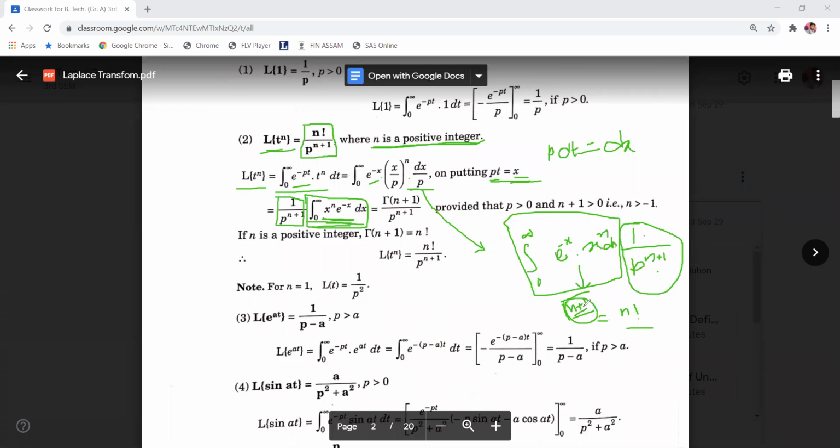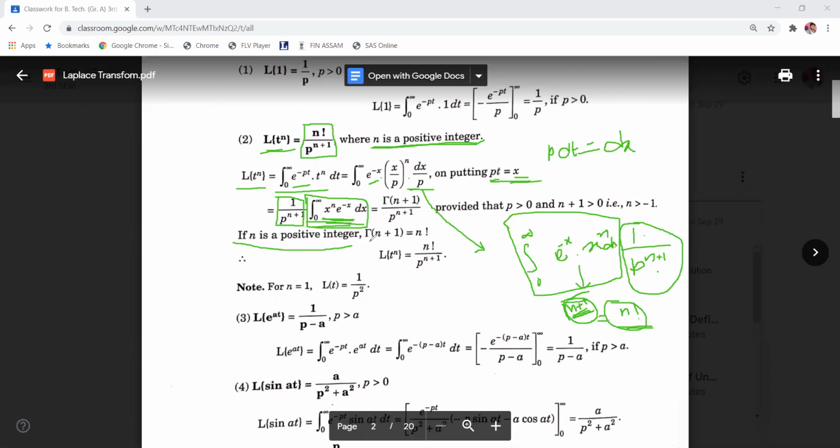Otherwise, if it is a fraction or rational number, you can't write it in terms of factorial; then you have to write it in terms of the gamma function. So if n plus 1 is a positive integer, then you can write it in terms of factorial. If it is not a positive integer, like a fraction, then you need to write it in terms of the gamma function.